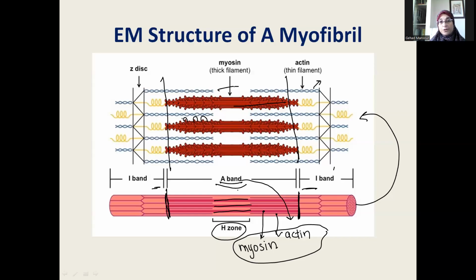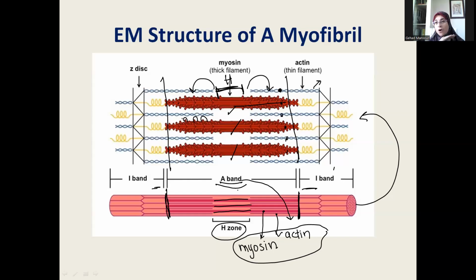And in the center, we have the H zone that contains only myosin and no actin, whereas in the rest of the dark band to the right and to the left, we have actin, myosin, actin, myosin, actin, and myosin. So in most of the A band we have myosin and actin, except in the H zone, the central part of the dark band, where we have myosin only.